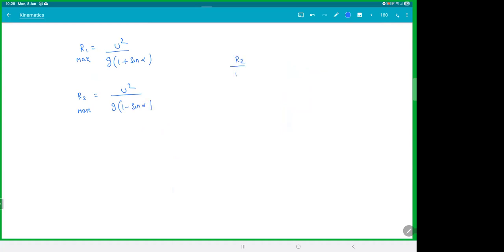When you divide R2 by R1, you get 1 plus sin alpha by 1 minus sin alpha, and you're saying this is 3 is to 1. So 1 plus sin alpha is 3 minus 3 sin alpha. Yeah, sin alpha is half and alpha is 30 degrees.